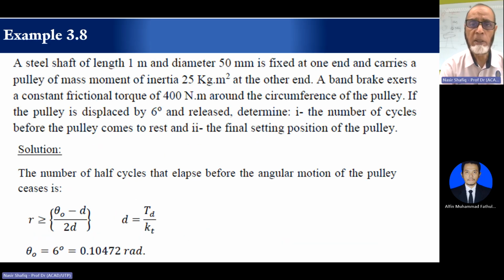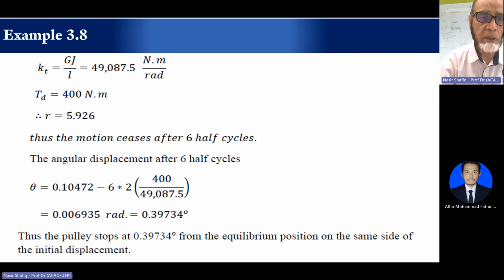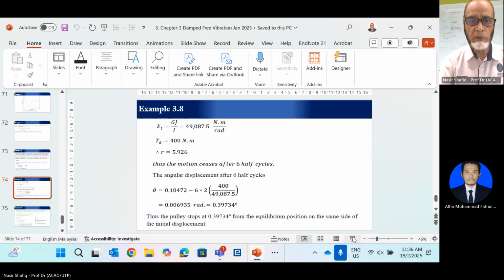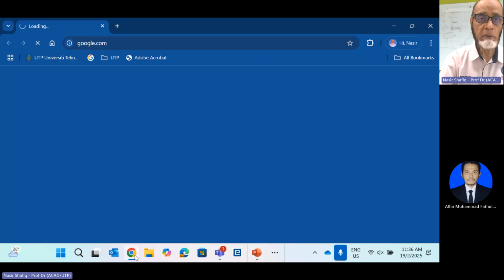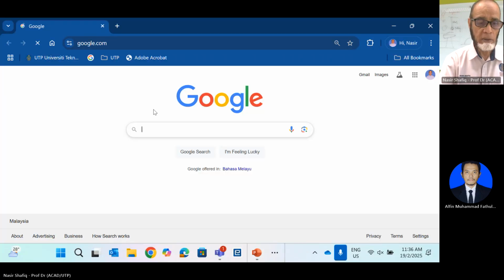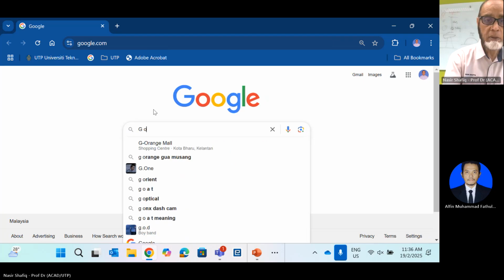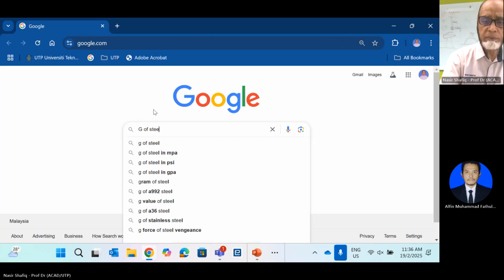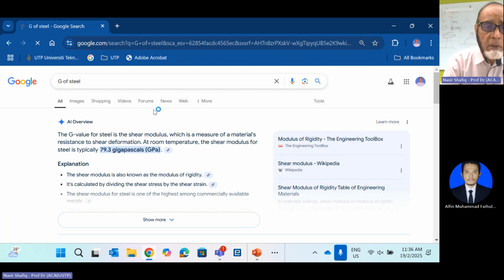The G of steel is not mentioned, but we can take 79.3 gigapascal, roughly.